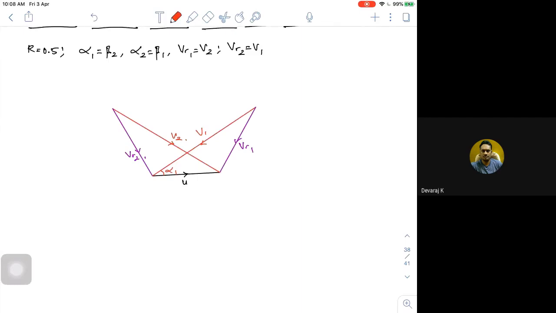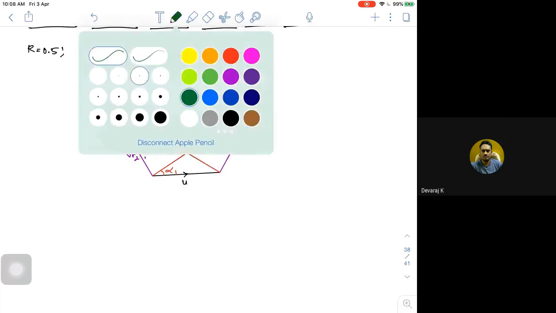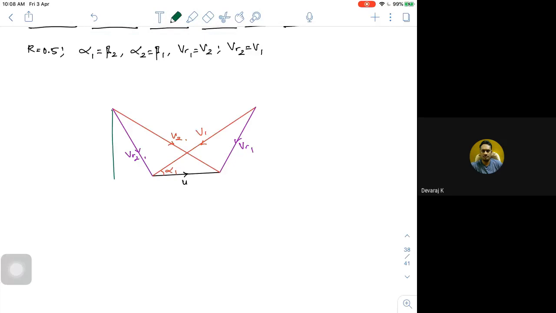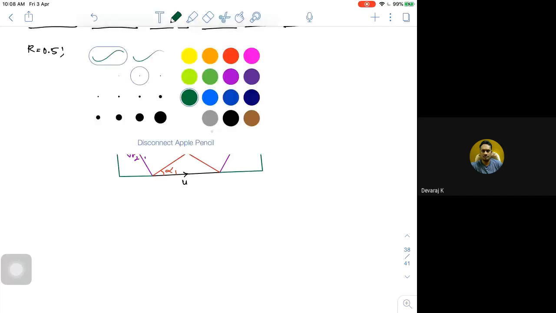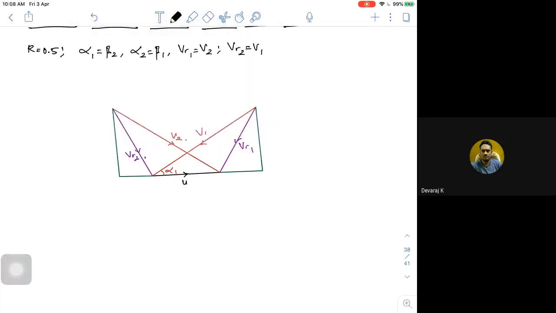If I try to draw and complete my velocity triangle like this, not to scale, so even the angles may be a little off. So alpha 1 is equal to, this is my beta 2, and this is my alpha 2, which will be equal to beta 1.